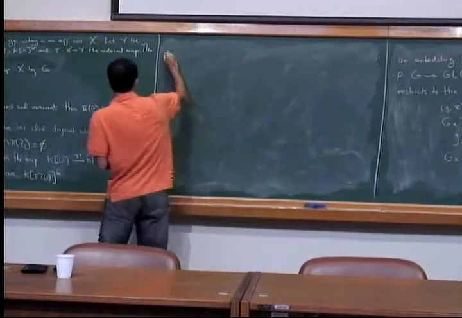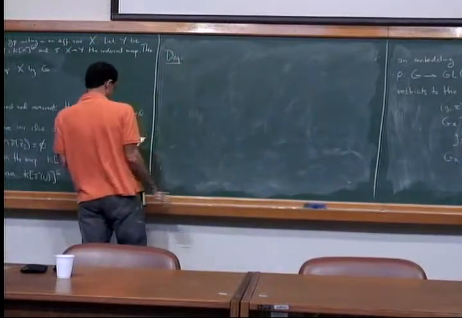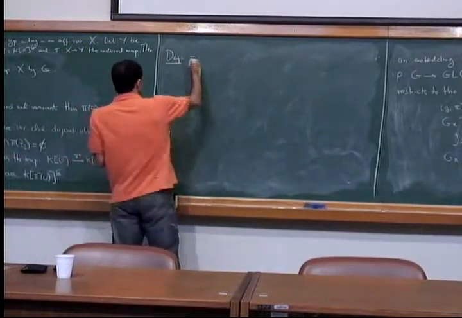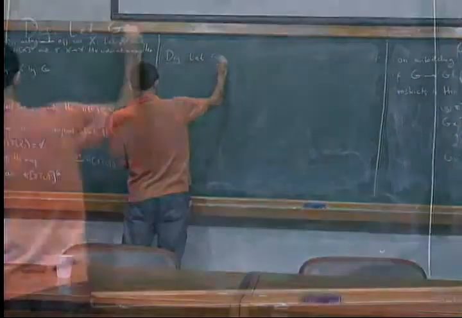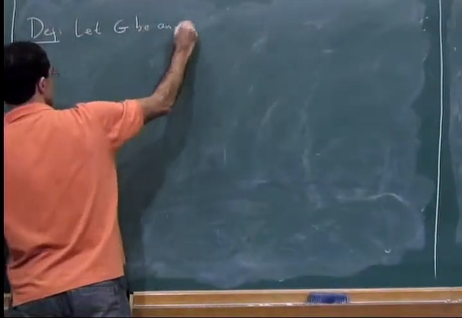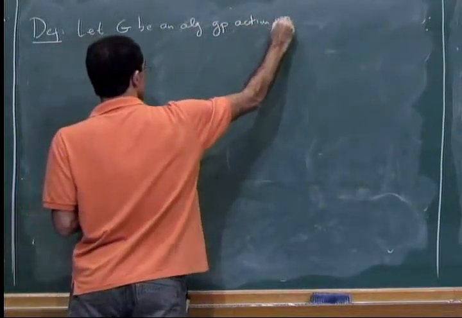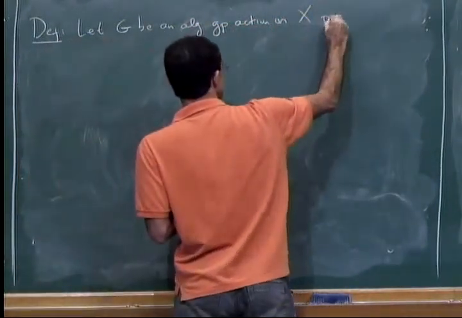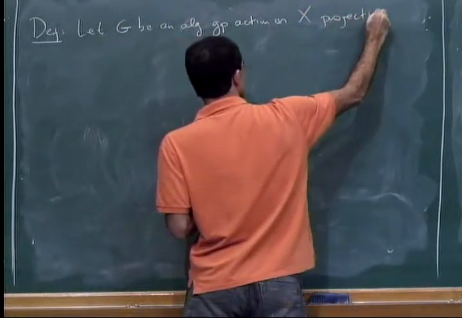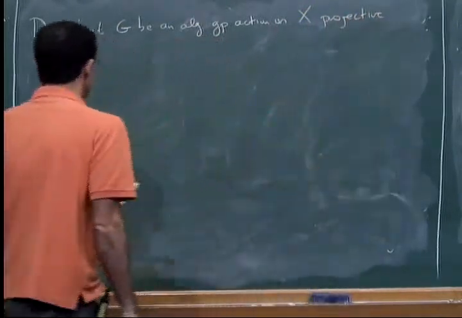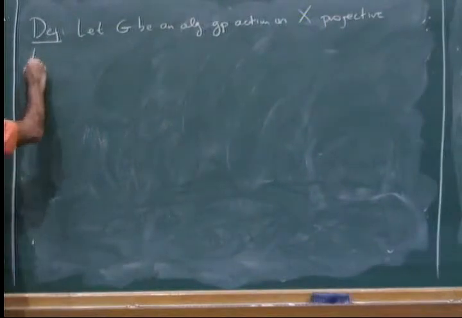So definition. Let G be an algebraic group acting on X projective. Assume a linearization.